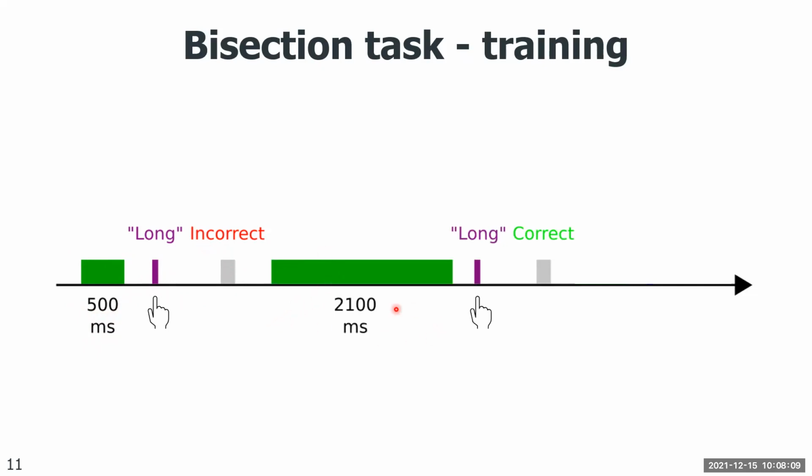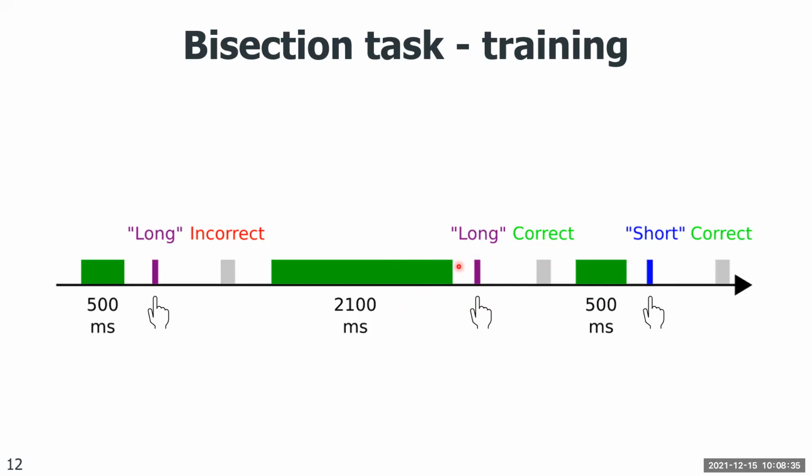In the next trial, let's say we present a new stimulus, this time 2.1 seconds long. Now, this time, the subjects correctly identified this one as a long stimulus, and we give them a correct feedback. This goes on for about 10 or 12 tries, after which the subject is familiarized with the short and the long reference durations of the task.